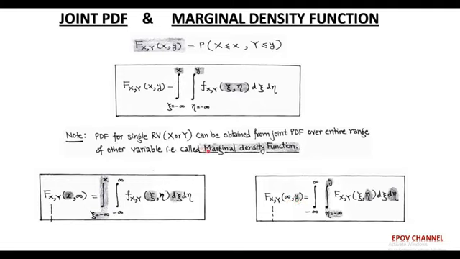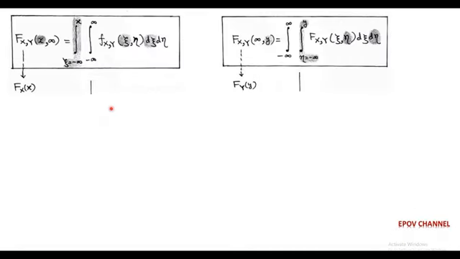So the marginal density function is simply defined as the PDF of single random variable that can be obtained from joint PDF by taking entire range of other random variable. Now for our convenience we can write capital F function x comma infinite as simply capital F function x.